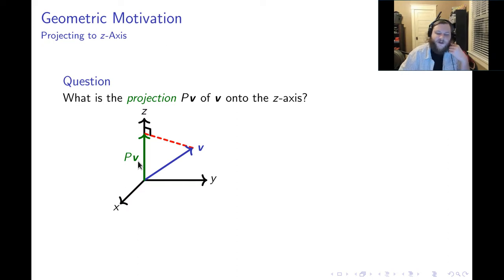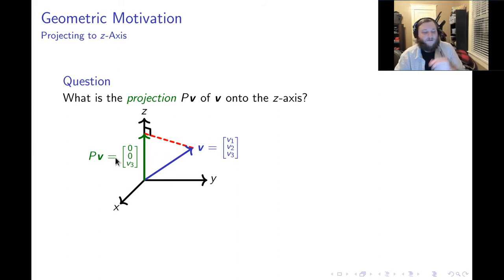And if we think in terms of coordinates, I think we might be able to sort this out. What are we doing when we're accomplishing this? Well, if I'm taking my vector v, whose coordinates are v1, v2, and v3, what I'm really doing when I'm projecting onto the z-axis is forgetting about the x and y coordinates and only preserving the z coordinate.